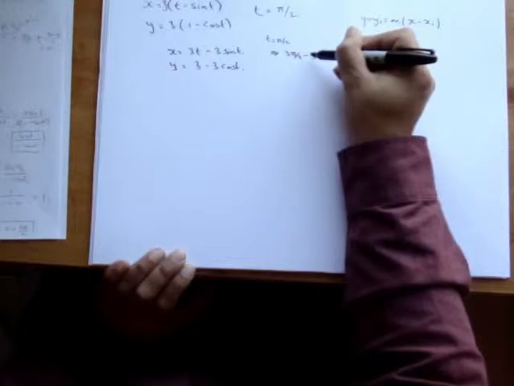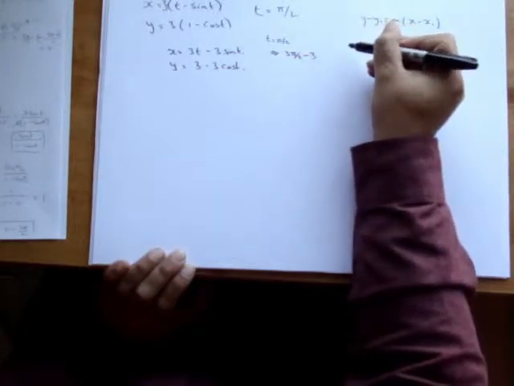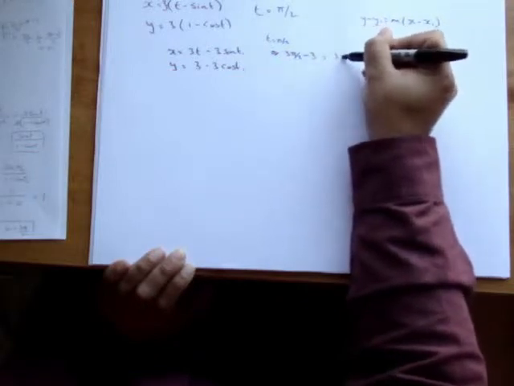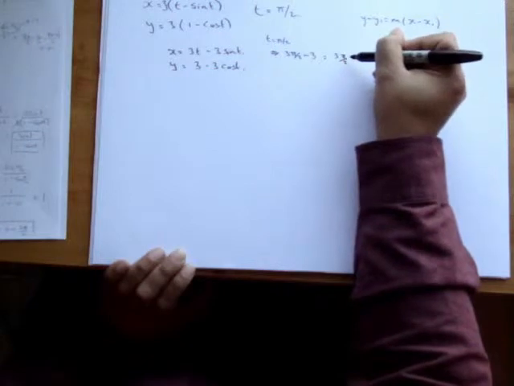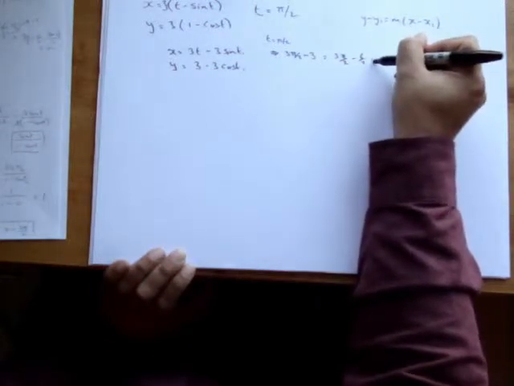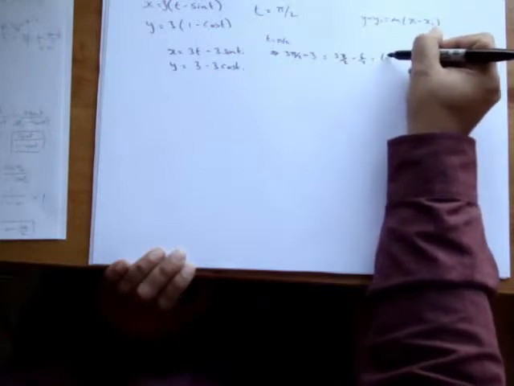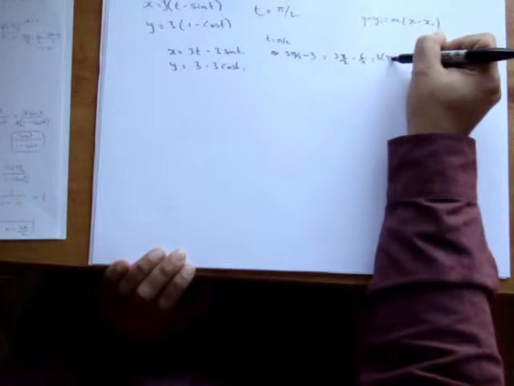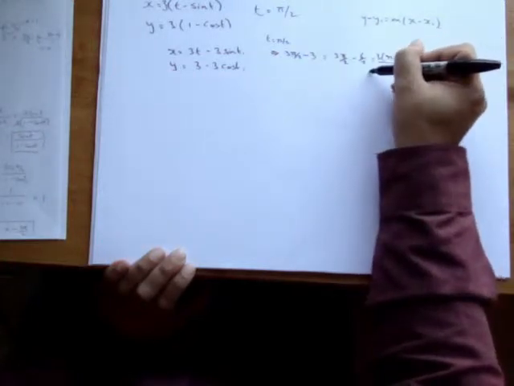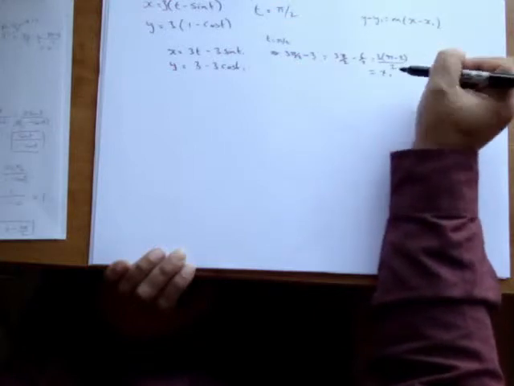So that becomes 3 pi over 2 minus 3, which equals 3 pi over 2 minus 6 over 2. Factoring out a 3, we get 3(pi minus 2) over 2, and that is our x1.